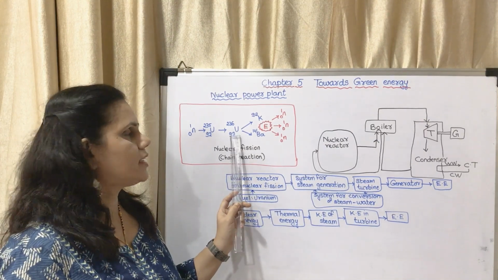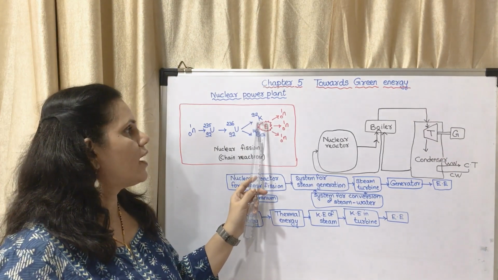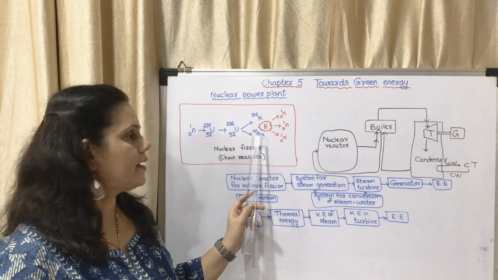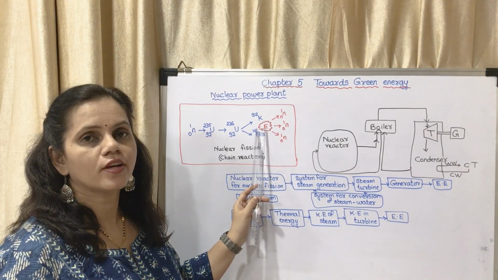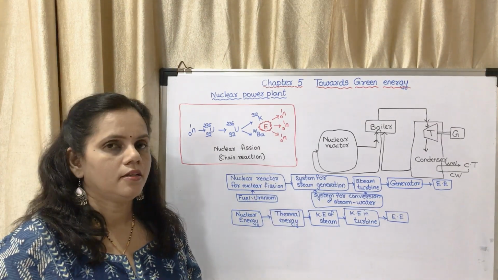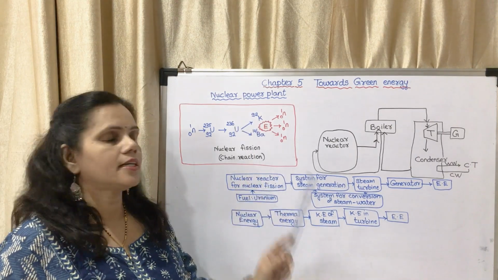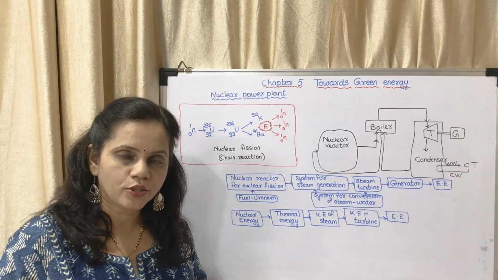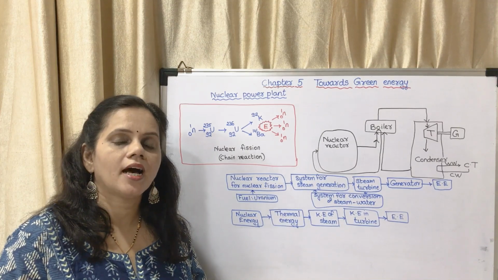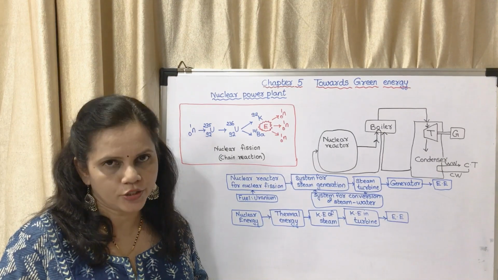Uranium 236 breaks into one krypton nucleus, one barium nucleus, a large amount of energy and 3 neutrons.